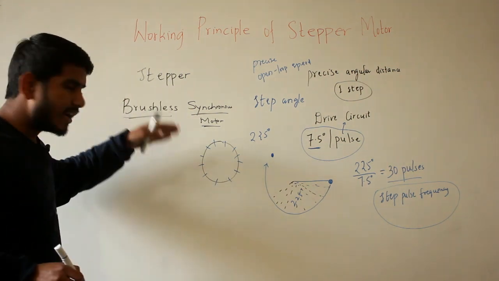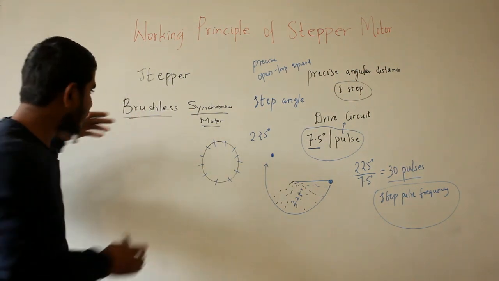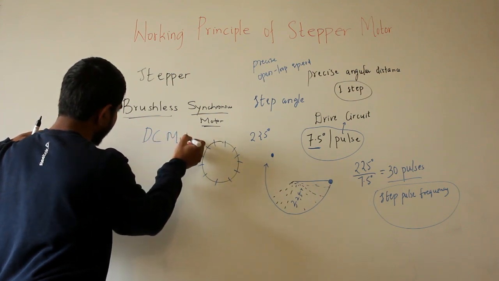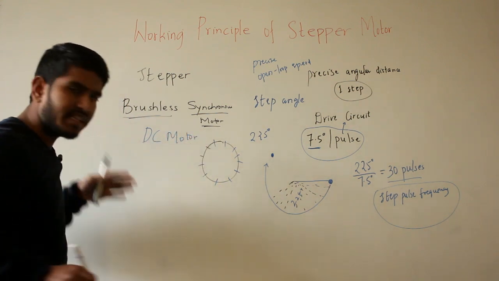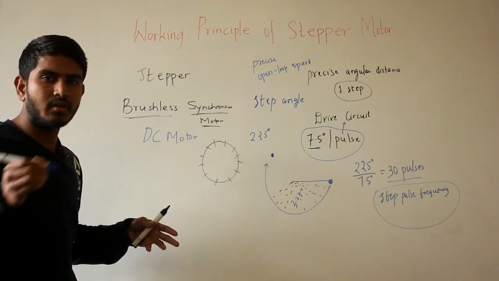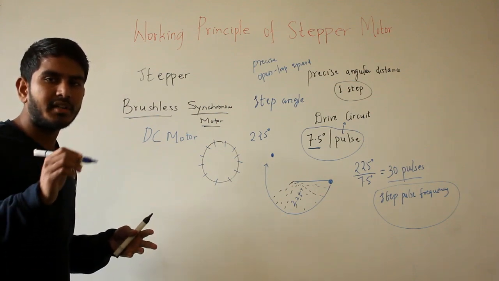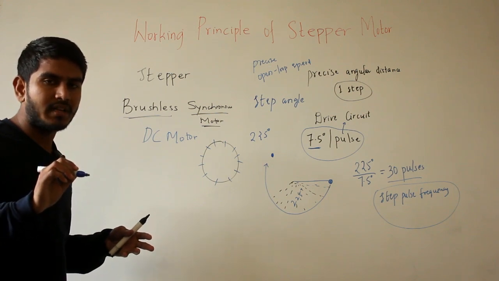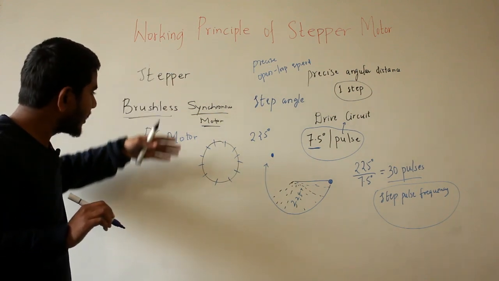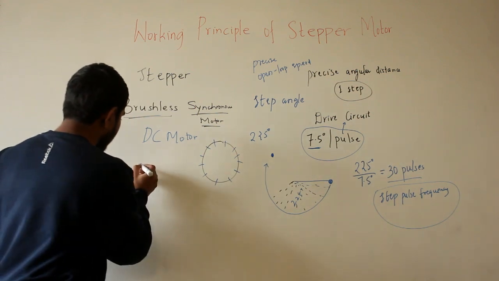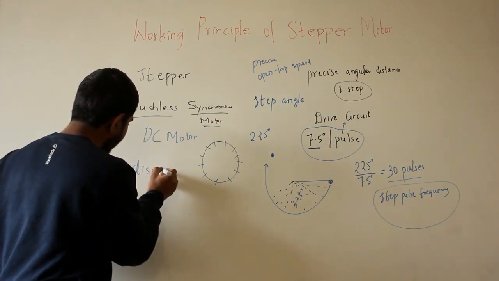This is unlike a brushless DC motor. In a brushless DC motor, on providing a DC voltage, the shaft rotates in a continuous manner, so there is a continuous angular rotation of the shaft. But the stepper motor will rotate in discrete angular steps.